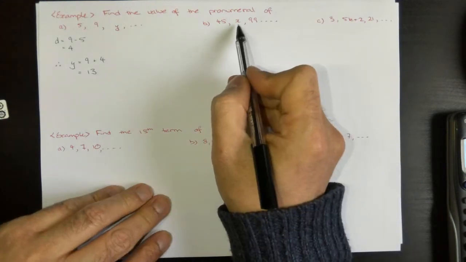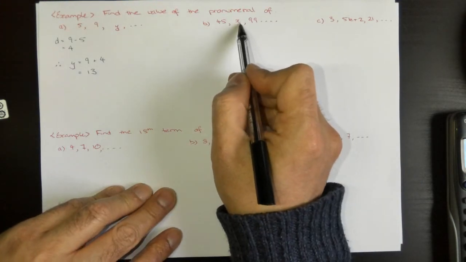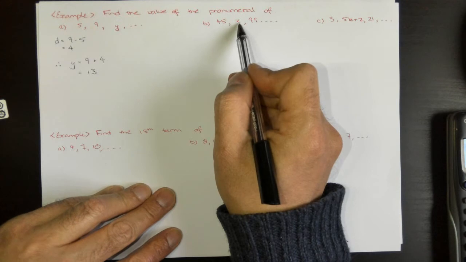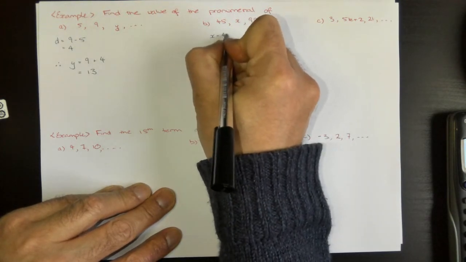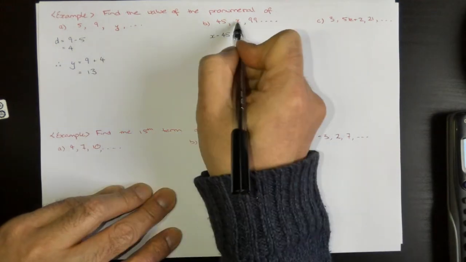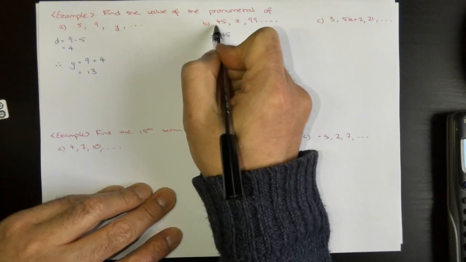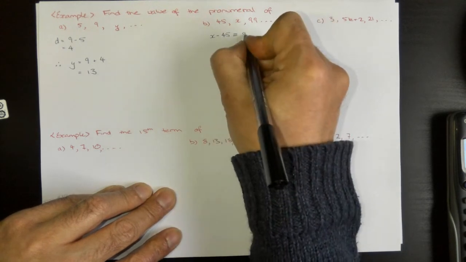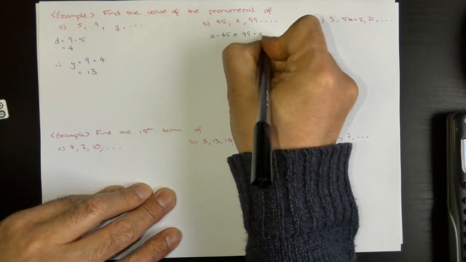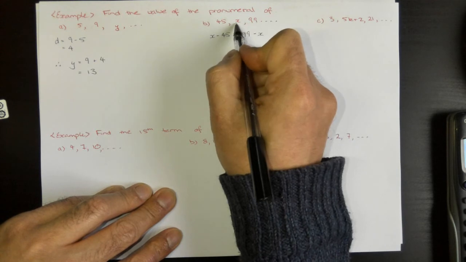Looking at this example, I have x on the inside. The common difference in this case is going to be x minus 45. But d would also be equal to 99 minus x, that number minus the previous term.